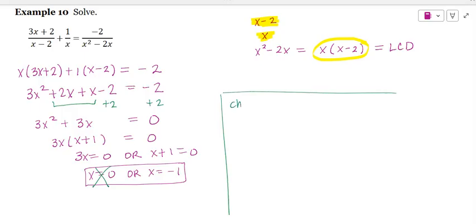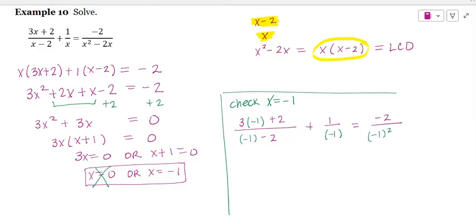So let's check x equals negative 1. I'm going to put negative 1 in for x. There's a lot of them here. So 3 times negative 1 plus 2. When I take negative 1 and square it, that's going to end up being a positive number.